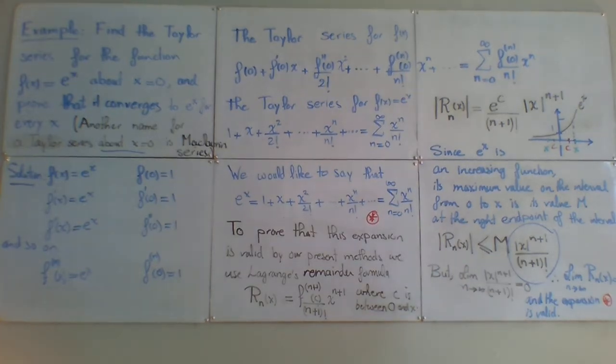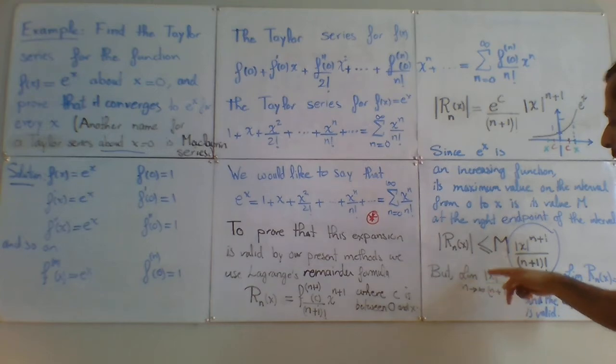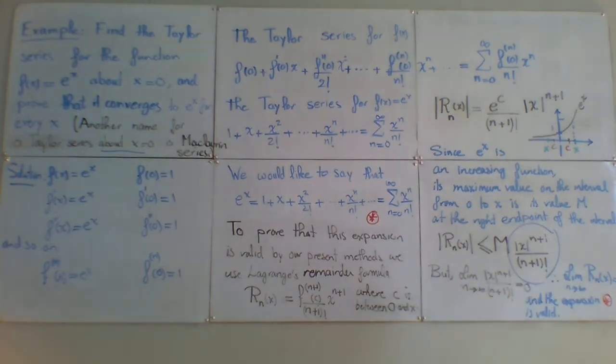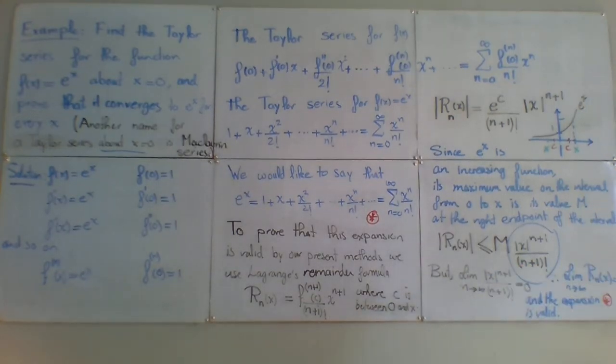We use the fact that the limit as n goes to infinity of absolute x to the n+1 over (n+1) factorial is 0. We proved this limit when we studied sequences; you can find it explained in the video Sequences 6.